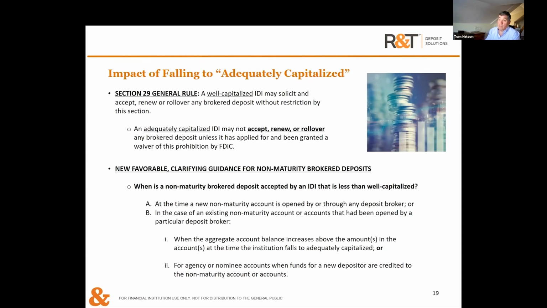Under Section 29, the section on broker deposits, an adequately capitalized bank can accept, renew, or roll over any broker deposits. So if you have a 3-year CD, it'll stay on the books, but when that matures, if you're only adequately capitalized, you can't reissue it, you can't roll it over, you can't renew it. And slowly but surely, your brokered book will go to zero.